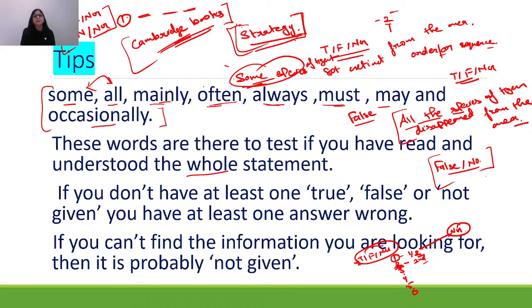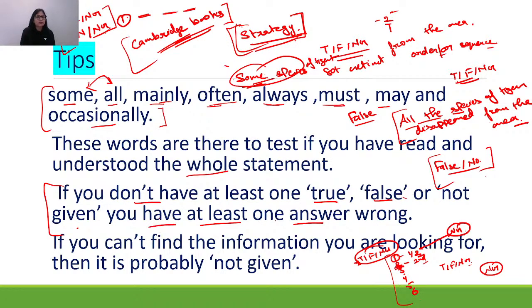Okay, one more thing: if you don't have at least one true, false or not given, you have at least one answer wrong. Out of six questions which are true, false, not given, if you have answered them true, false, true, false, true, false, and there is no not given answer, it means one answer is for sure wrong, because it is written here.